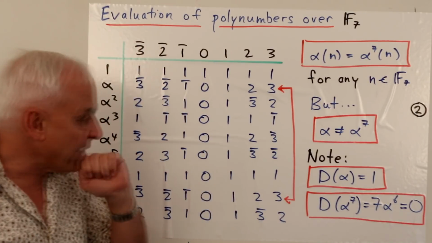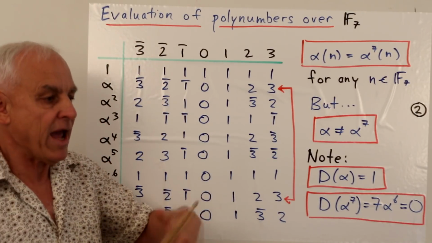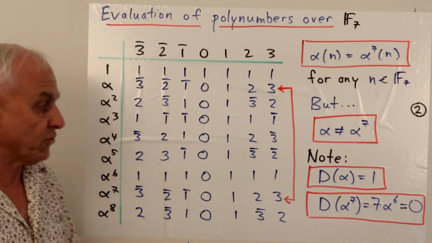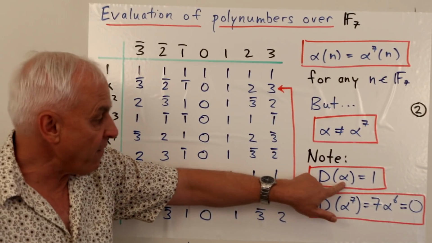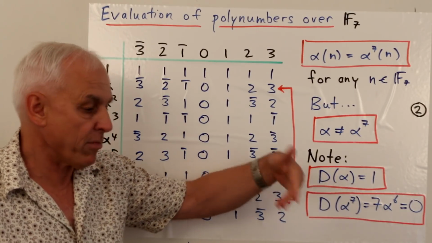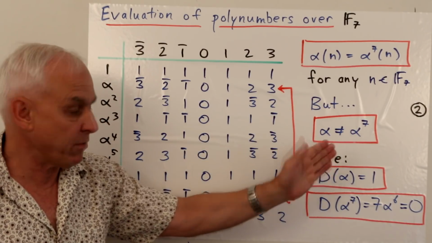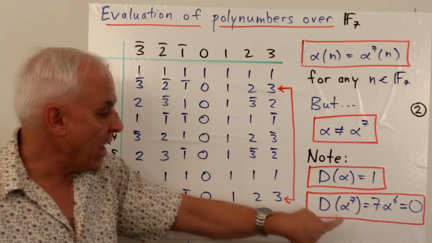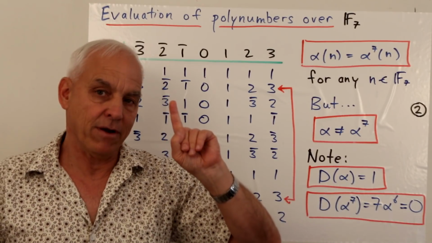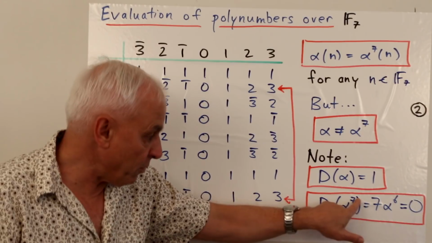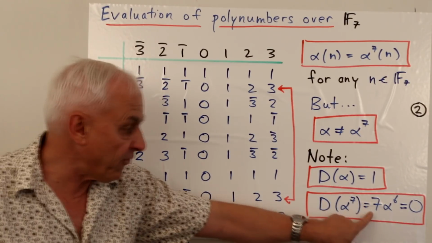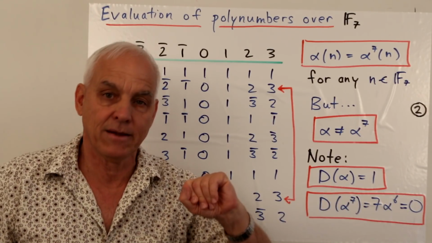And we can see that because when we look at our yoga of derivatives, the derivative of alpha is 1. Remember Faulhaber's definition: you just take the exponent, bring the exponent down, and lower the exponent. So the derivative of alpha is 1. And what's the derivative of alpha to the 7? Well, you take the 7, you bring it down, so it becomes 7 alpha to the 6.